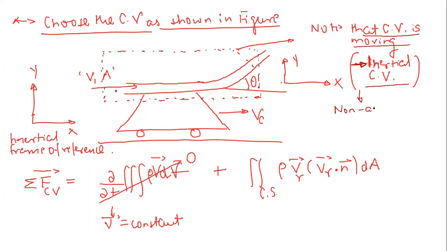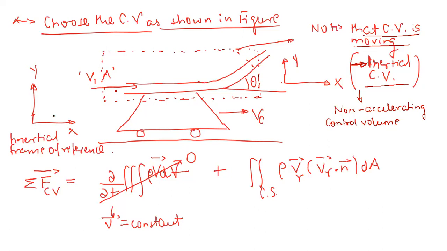That means the control volume is moving with a constant velocity. For such cases, generally we analyze this whole thing with respect to a fixed frame of reference. That fixed frame of reference is called the inertial frame of reference.